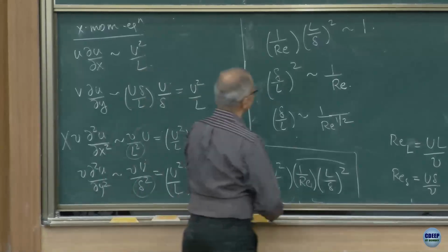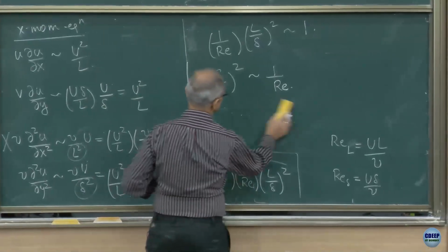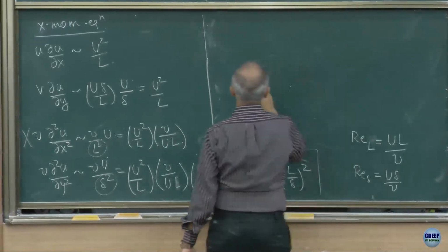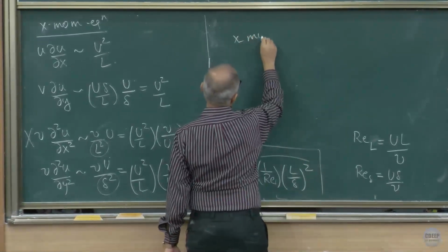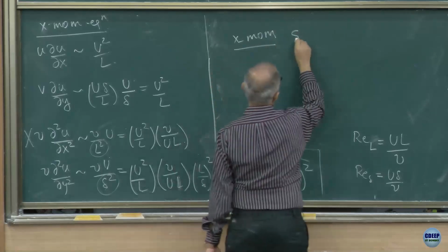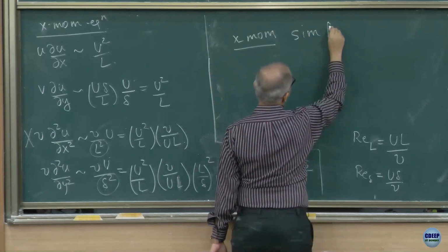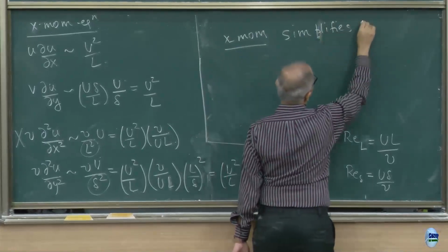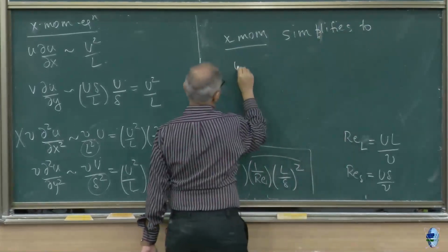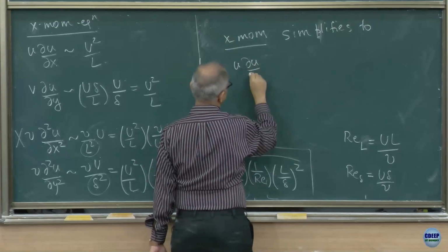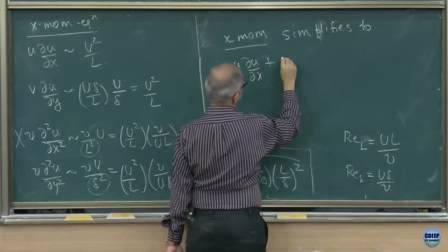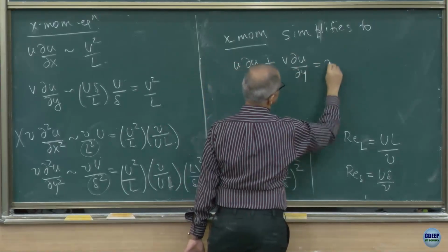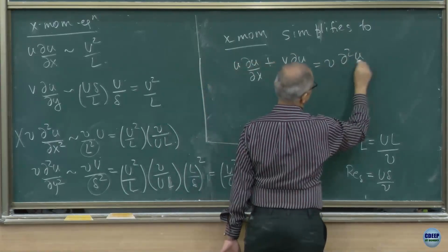So my x momentum equation simplifies to u times dou u dou x plus v times dou u dou y is equal to nu times second derivative of u along y.